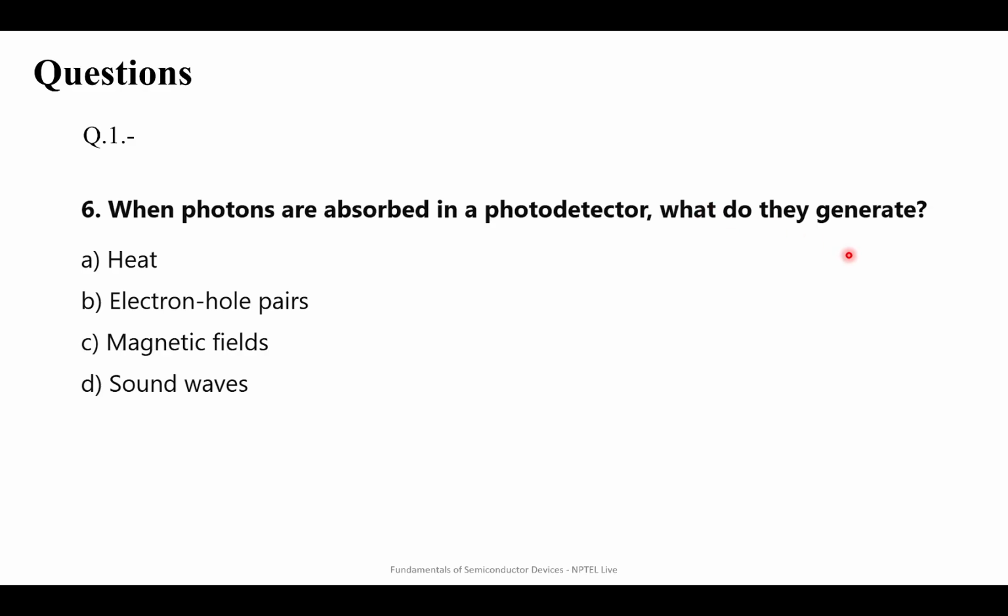The first question: when photons are generated in a photodetector, what do they generate? Heat, electron hole pairs, magnetic fields, sound waves. Who can answer this question?